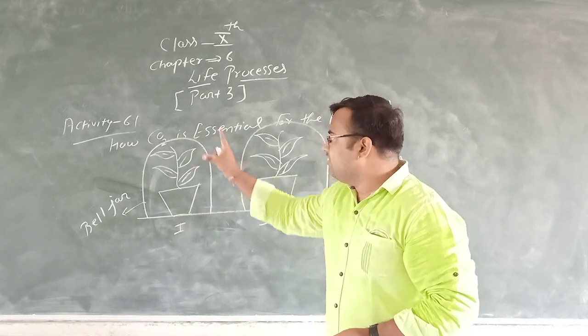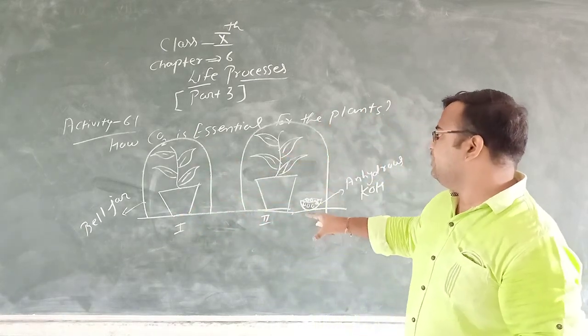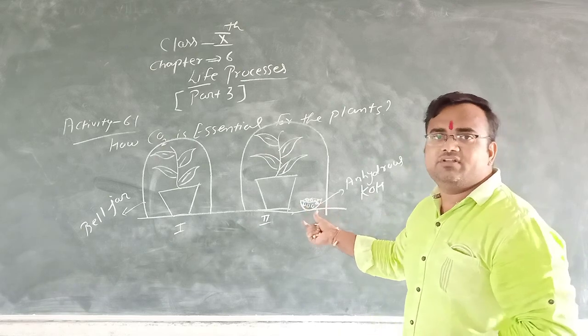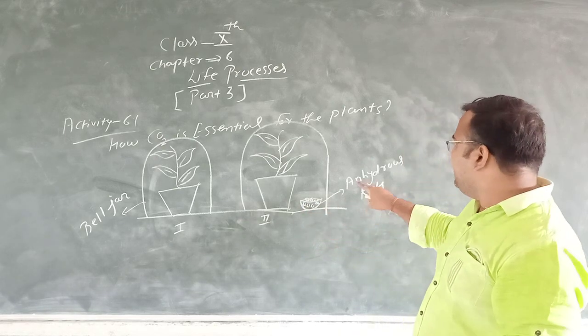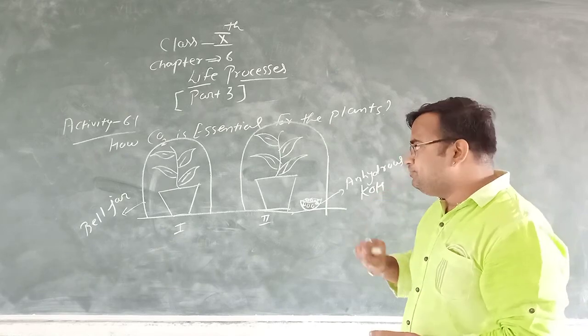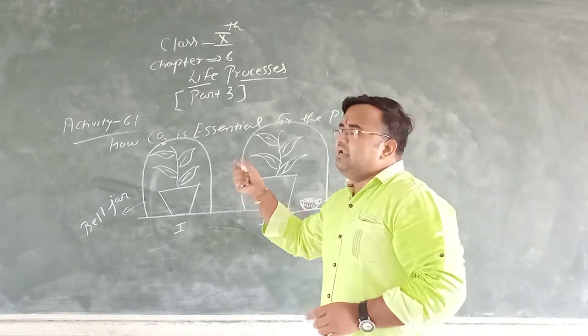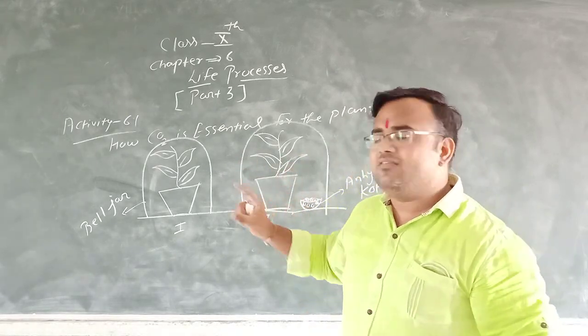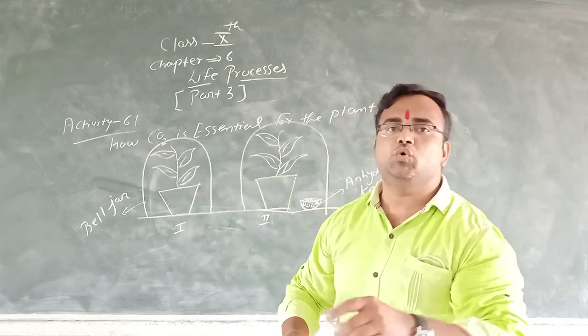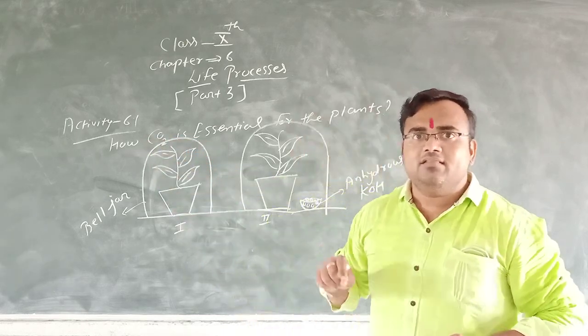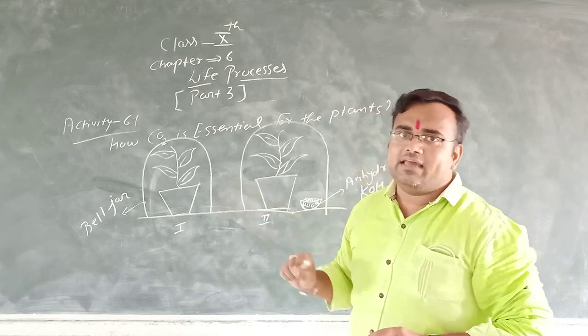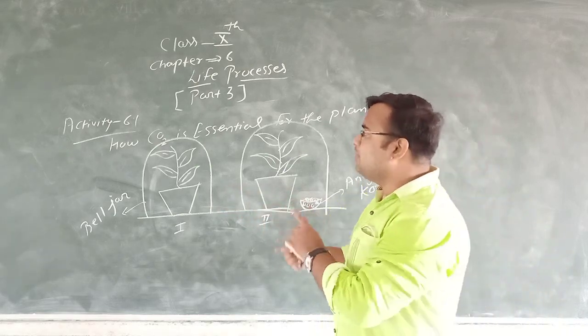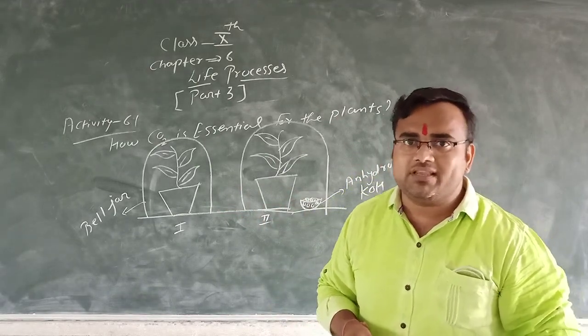The first plant is covered with a bell jar, the second is also covered with a bell jar, but here we have one china dish which contains anhydrous KOH. We will keep these two plants in sunlight for 2 or 3 days.